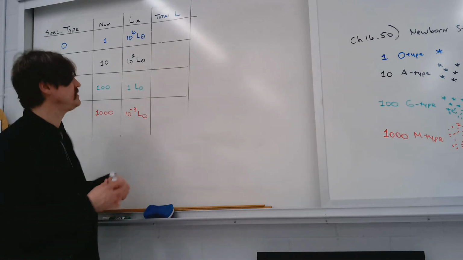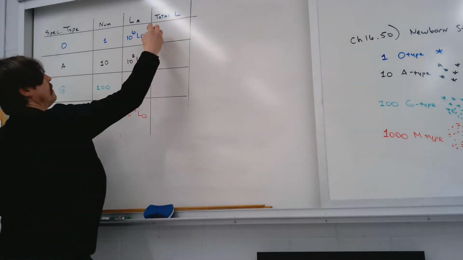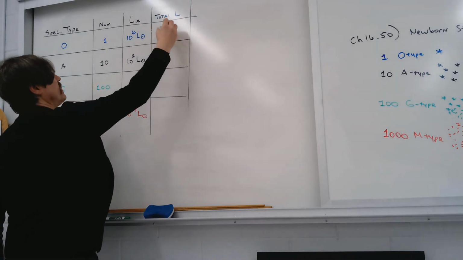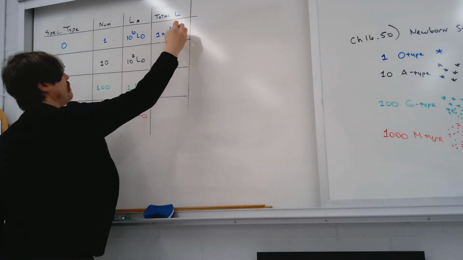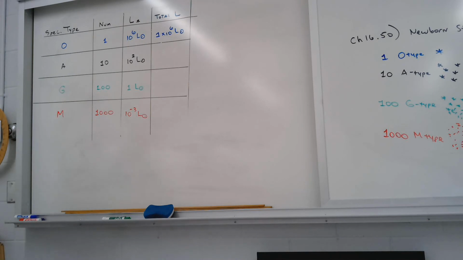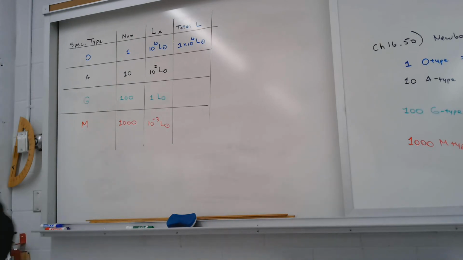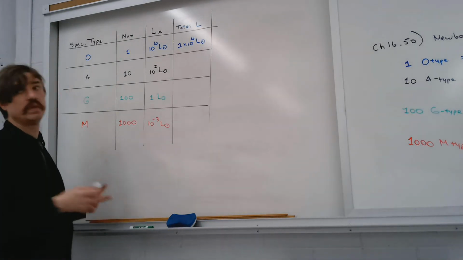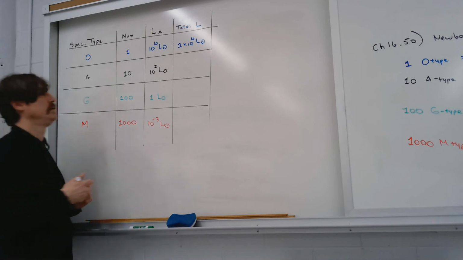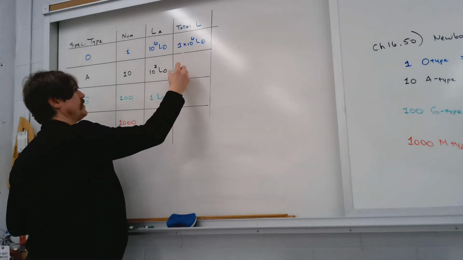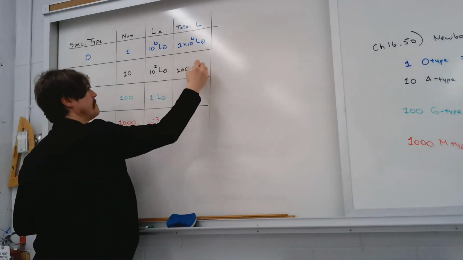One times 10 to the 6 solar luminosity units, yeah. It's 1,000,000 times that of the sun. How about for the A-type? 10 to the 3rd, which is 1,000 times that of the sun.